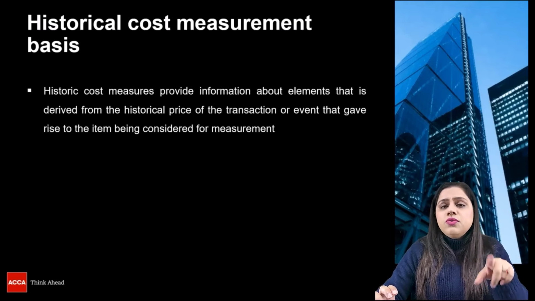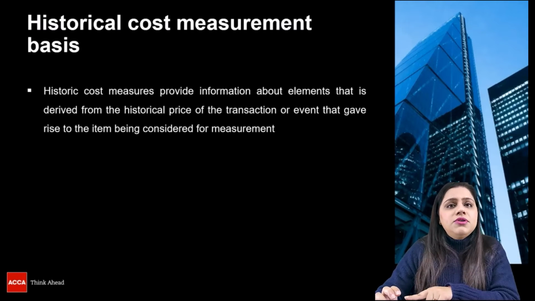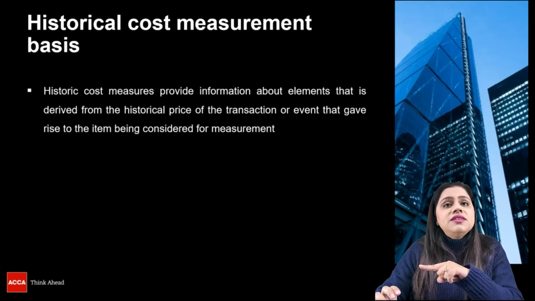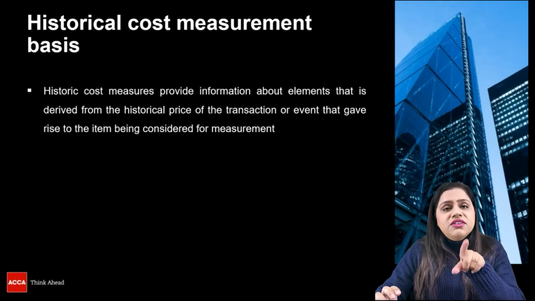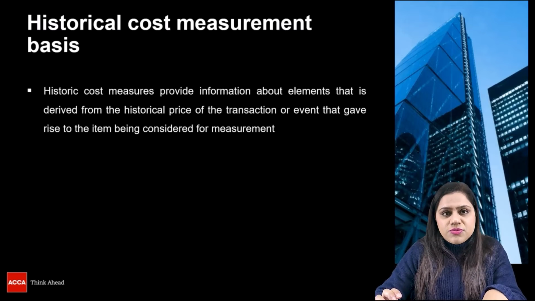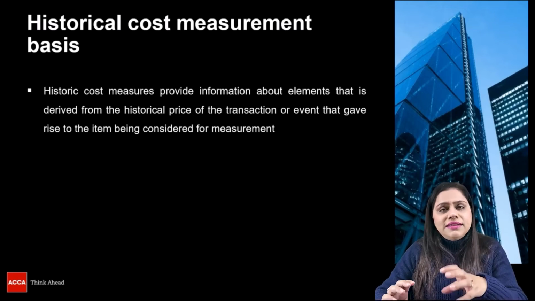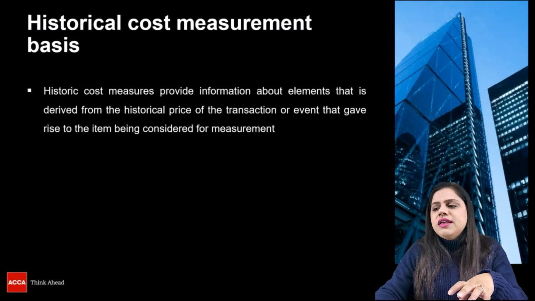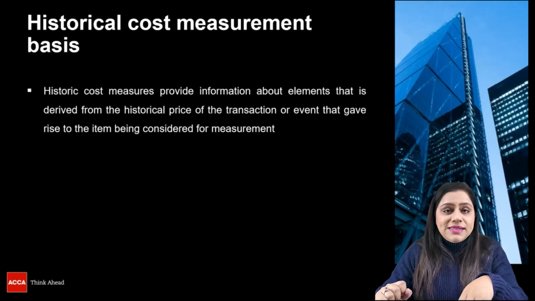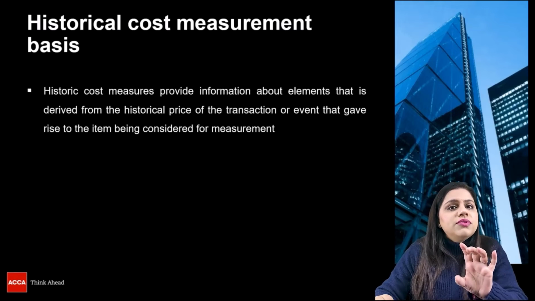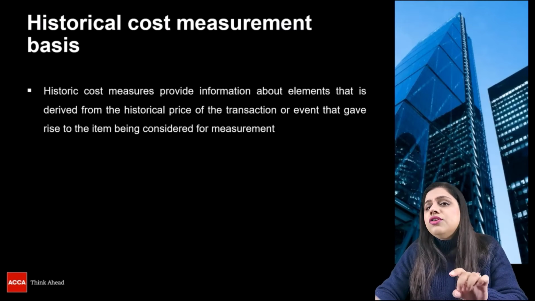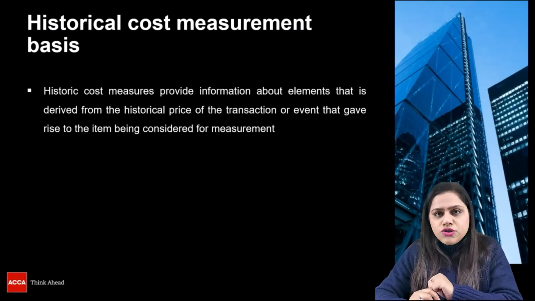So the carrying value is going to be cost less accumulated depreciation. However, that depreciation is going to be based on the value that you recognized as a cost in the very first place. So let's suppose your item was 5,000 and till date your accumulated depreciation is 3,000. So that's going to be 5,000 minus 3,000. Your carrying value is going to be 2,000.